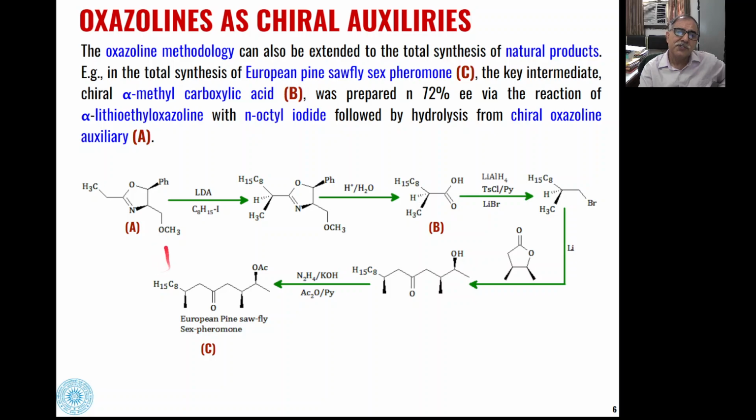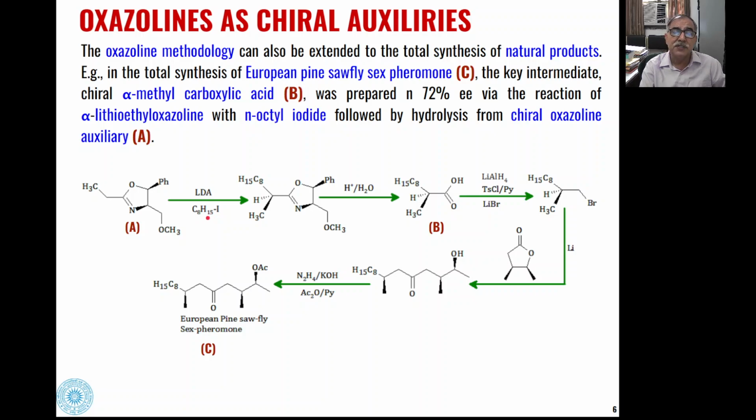product. So basically, the 2-oxazoline system is first reacted with a strong base like lithium diisopropylamide, which will lead to the formation of a mixture of Z and E enolates, and out of those, one will be formed in major amount based on the stereochemistry, and then we add the alkyl halide.